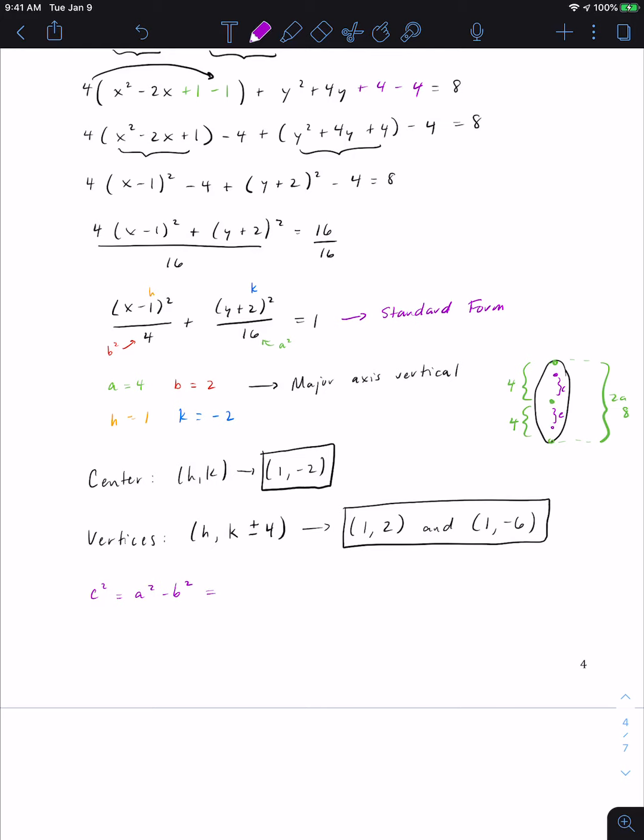So a squared is 16 minus b squared, which is 4, giving me 12. That means c, when I take the square root, is 2 radical 3. The square root of 12 is 2 radical 3.